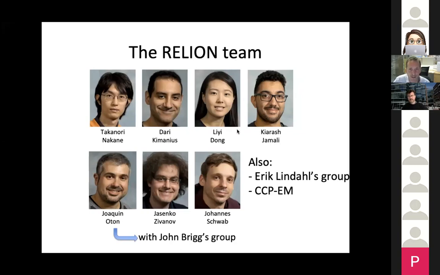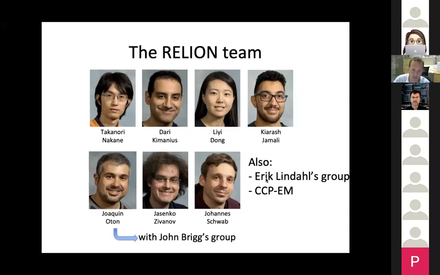Now, RELION has had several contributions from outside groups as well. Perhaps the most important to note here are contributions by the group of Erik Lindahl, who's at the SciLifeLab in Sweden, and Dari and Björn Forsberg from Erik's group made important contributions in accelerating RELION both for CPUs and GPUs.